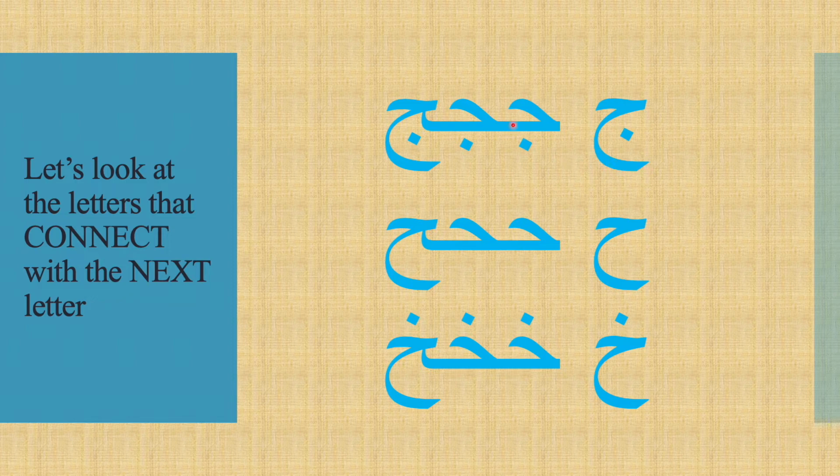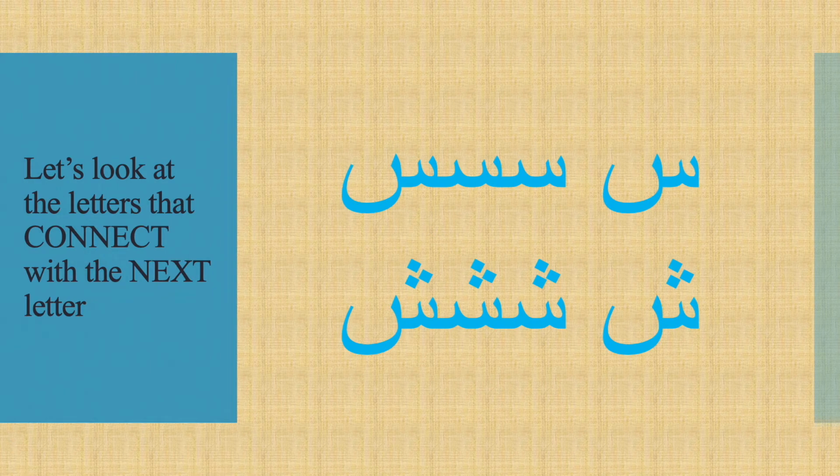And when it's in beginning position or initial position, it only has the I shape here, and then the belly is gone. In the middle, it's the same shape as the initial position, and then in final position, it takes its full shape. Jim, ha, kha.